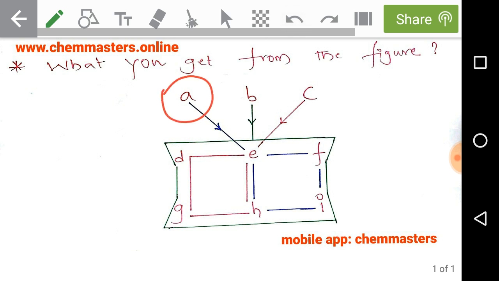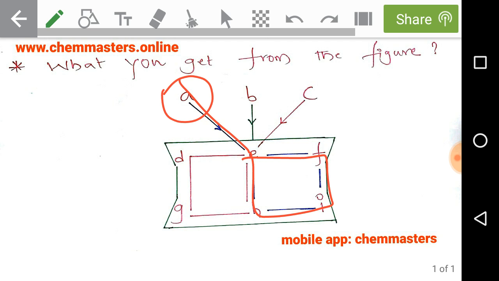Start from A. If you start from A, it goes through 4 elements of the 3 into 3 matrix, and those 4 elements are E, F, H, I. That means we need to multiply A with those 4 elements.